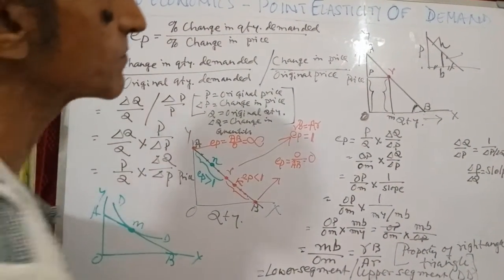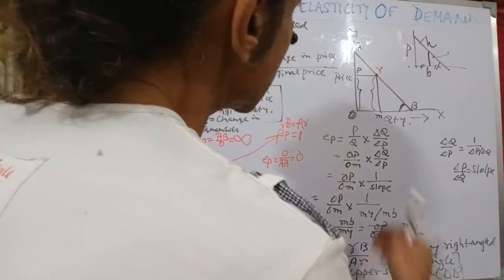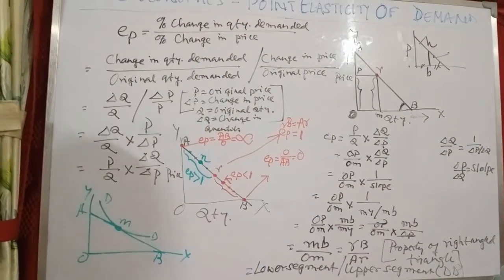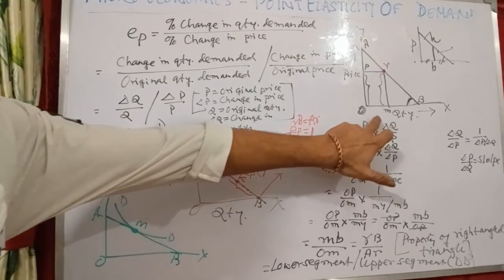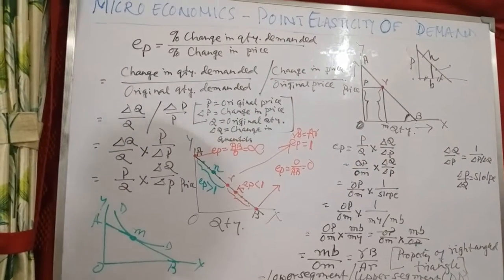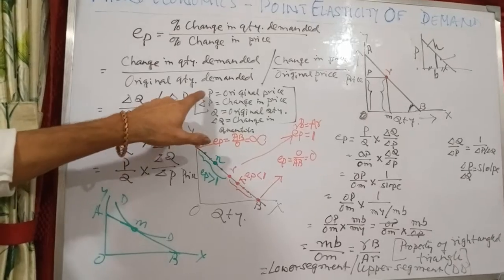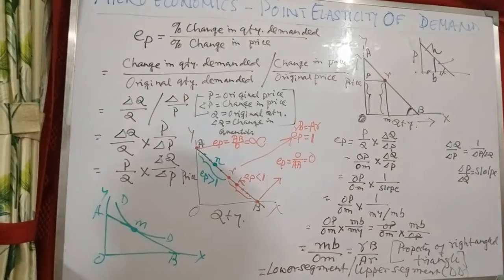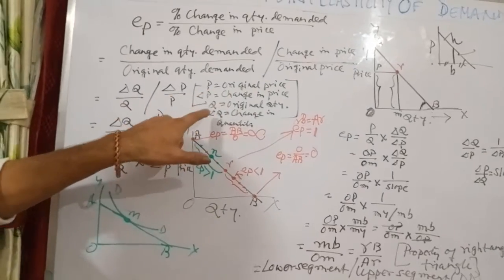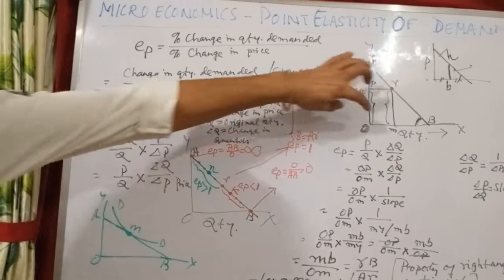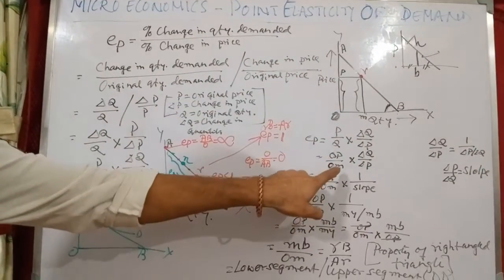So what is the elasticity at point R? Elasticity equals P by Q into del Q by del P. Now what is P? P is the original price. We put original price OP. Q is the original quantity. We put original quantity OM.